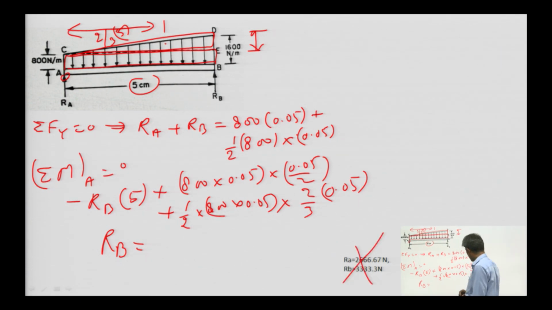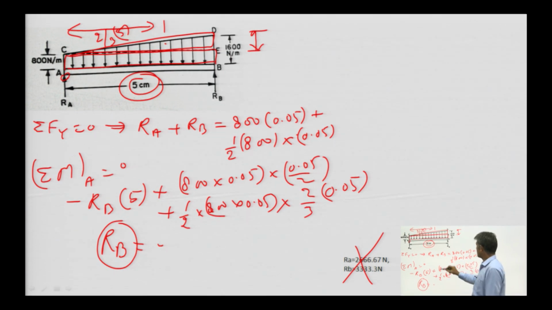This is not correct, because in calculating the values of RA and RB, I have taken 5 centimeter in meters. So, you calculate by yourself. By doing the calculation for RB by this equation, find the value of RB, and put the value of RB from here, then both RA and RB will be calculated.